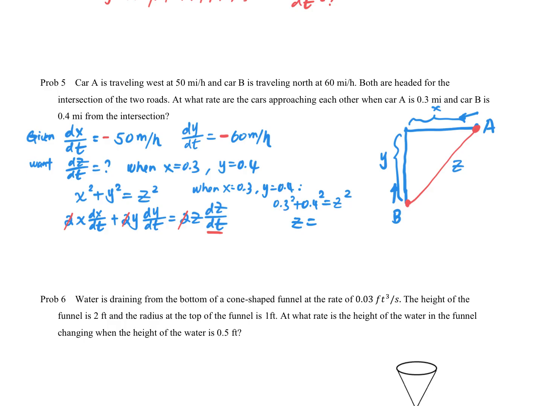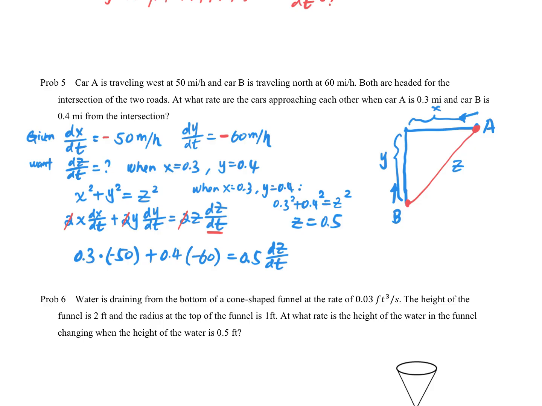It turns out z is 0.5. Now we're ready to plug in all the values. So x is 0.3 times dx/dt, which is negative 50, plus y is 0.4 times dy/dt, which is negative 60, equals z is 0.5 times dz/dt.